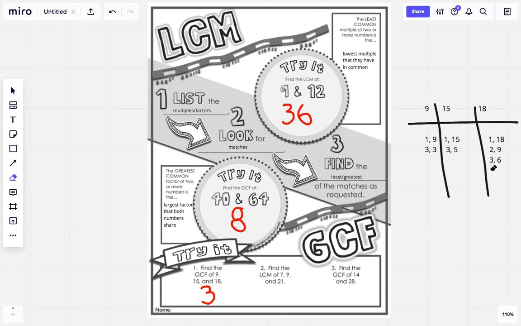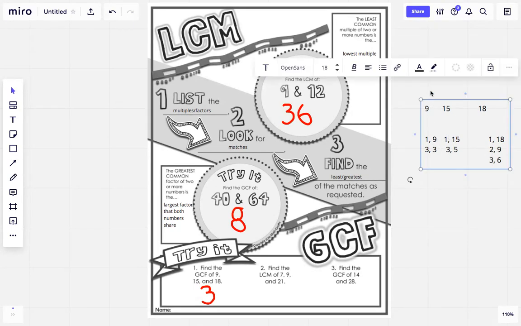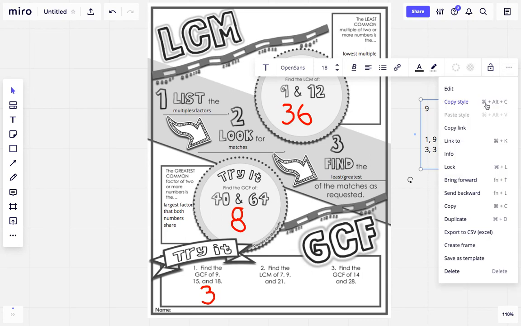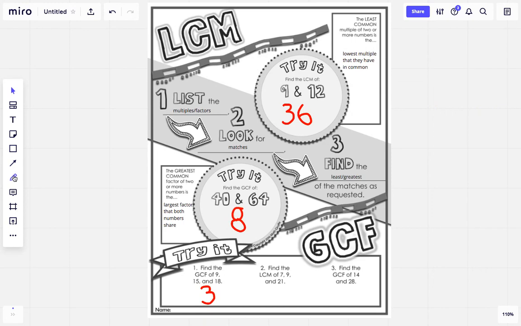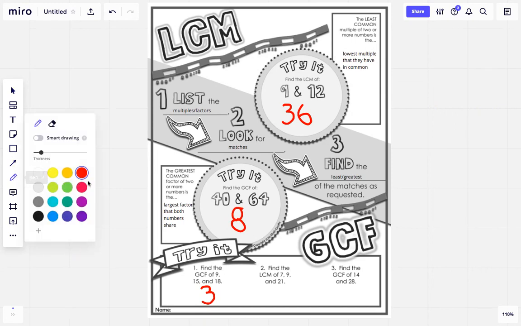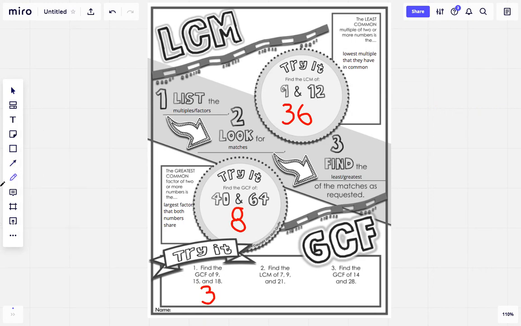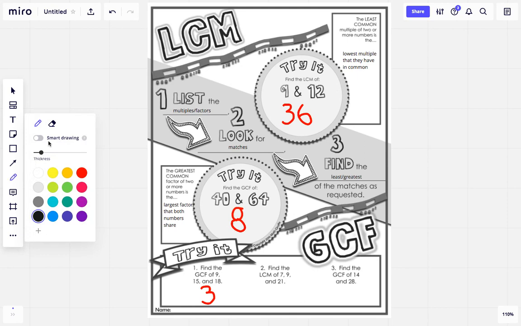So next, we can look at example number 2. And it's asking us to find the least common multiple of 7, 9, and 21. So once again, I'm going to make that kind of 3-columned chart.